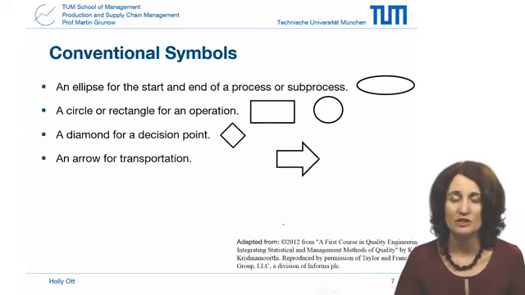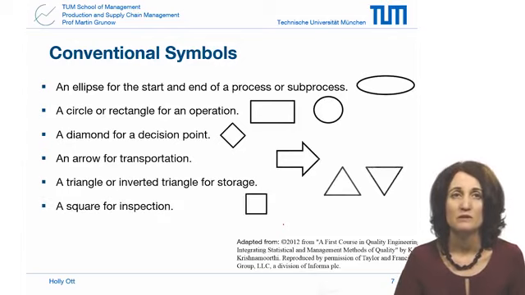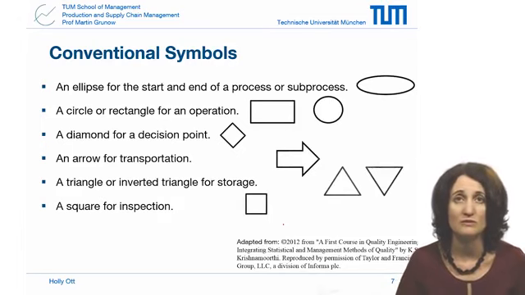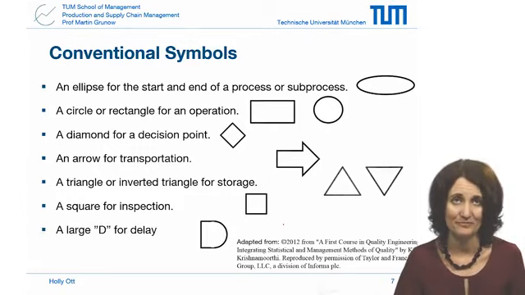If there's transportation, that is often represented by a big arrow. And a triangle, or sometimes an inverted triangle, is used to indicate storage. A square can be used then also for an inspection step, and a large D is often used for a delay.